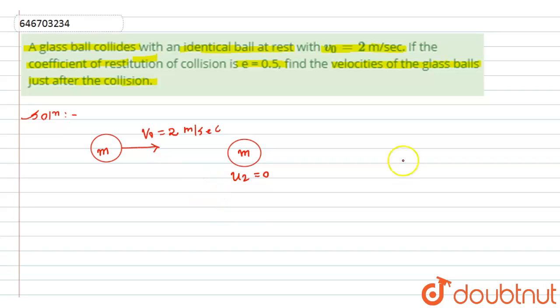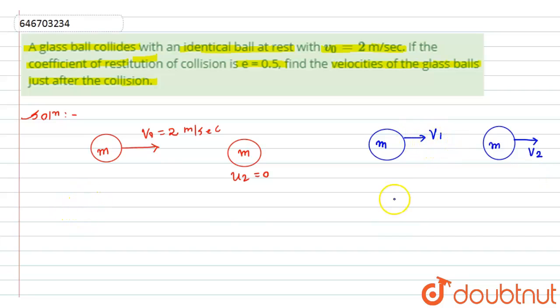Now let's suppose after collision the velocity of the first ball becomes v1 in this direction, and similarly the velocity of the second ball becomes v2 in this direction. So we have to find this v1 and v2.